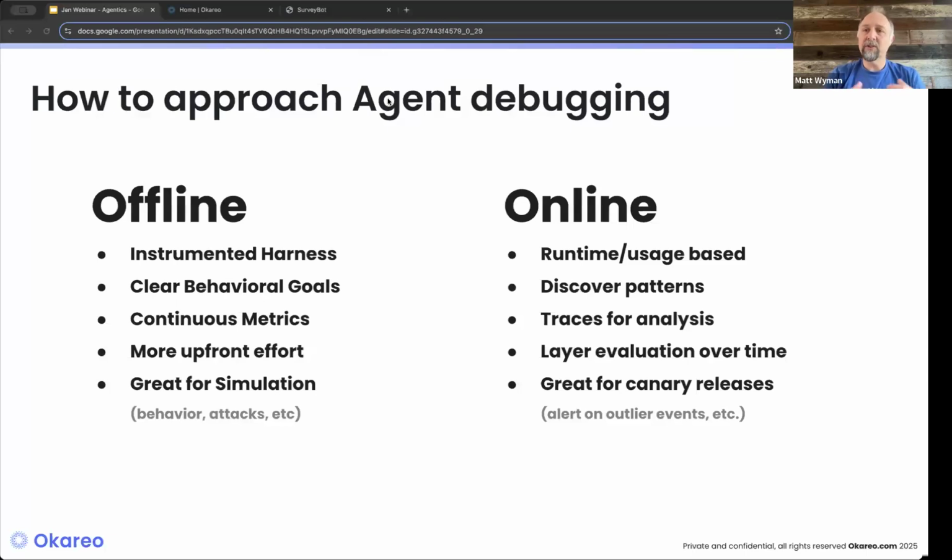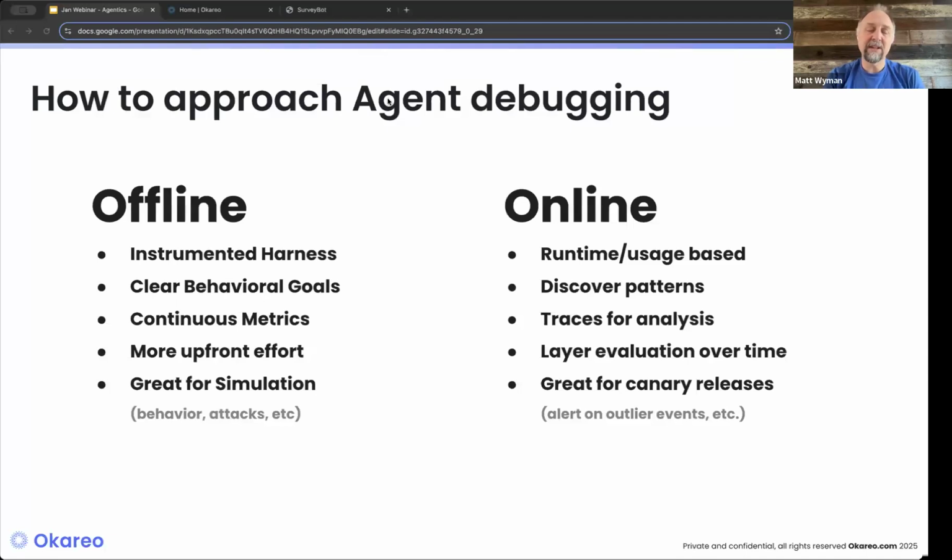If you think about all those autonomous cars out there that are driving around on the roads, all the logic for autonomous drive is simulated inside a massive environment where they drive millions of miles in different conditions with different circumstances to determine where those particular models are going to break and where those agent systems are going to fall apart. Offline gives you the ability to stress test your agents and really focus in on specific problems.